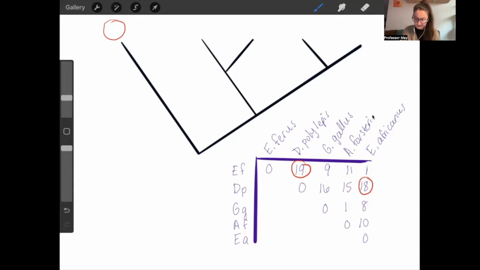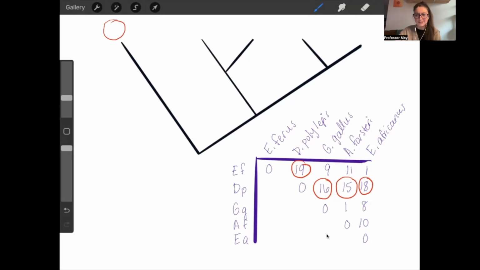Oh, look, actually, D. polylepis with G. gallus and A. forsteri, they all have the largest numbers. The common denominator here is definitely D. polylepis, isn't it? So D. polylepis is probably going to be the one with the oldest divergence because it has the most differences among all the other taxa that are there, okay?